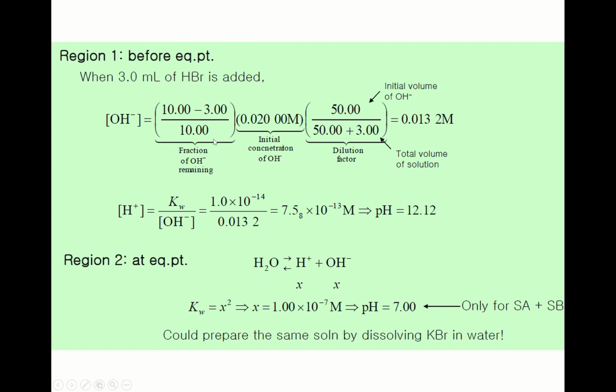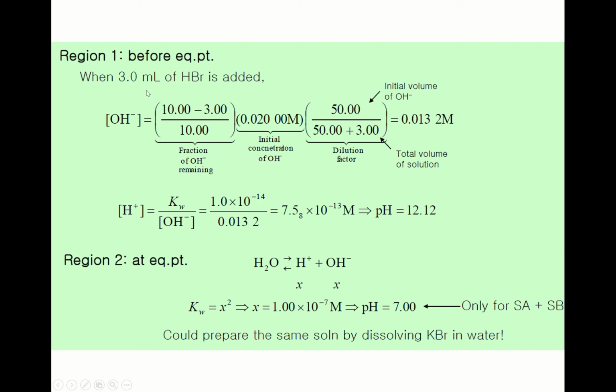Let's follow this equation. The first part is the fraction of OH minus remaining, the second part is the initial concentration of hydroxide ion, and the third part is the dilution factor. But I don't want you to follow it this way, please listen to my explanation.